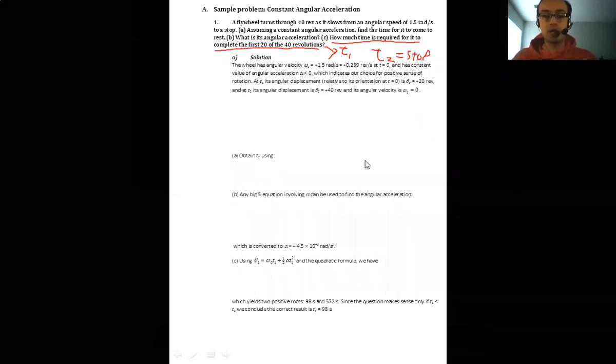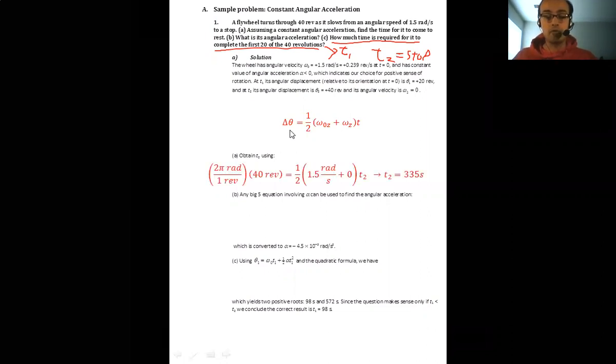So how do we solve this? Well, let's pick a handy-dandy analogous equation. Delta theta is equal to 1/2 times omega naught z plus omega z, times t. So first we want to obtain delta theta in terms of radians. We're solving for time 2, the time where this wheel has come to a stop.